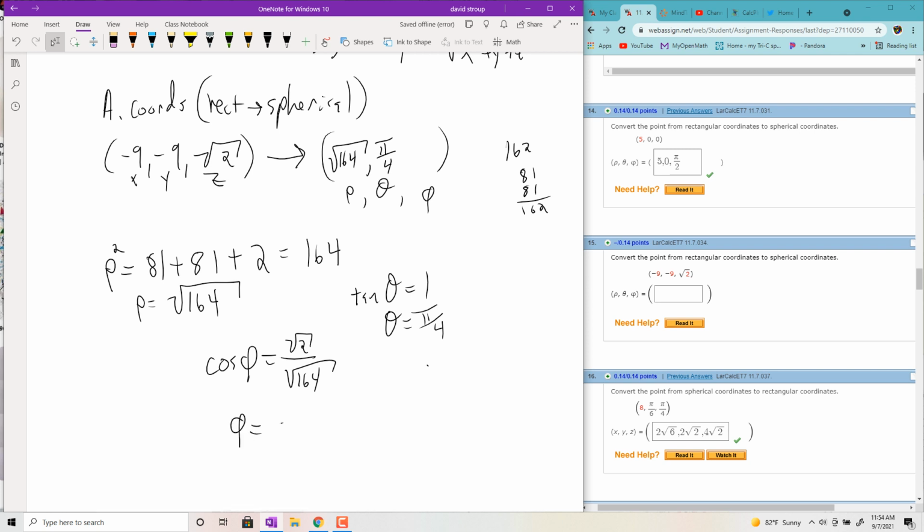Anyways, I'm going to have to do cosine inverse of that. And I bet because it's not a nice answer, you could probably just type it in like that.